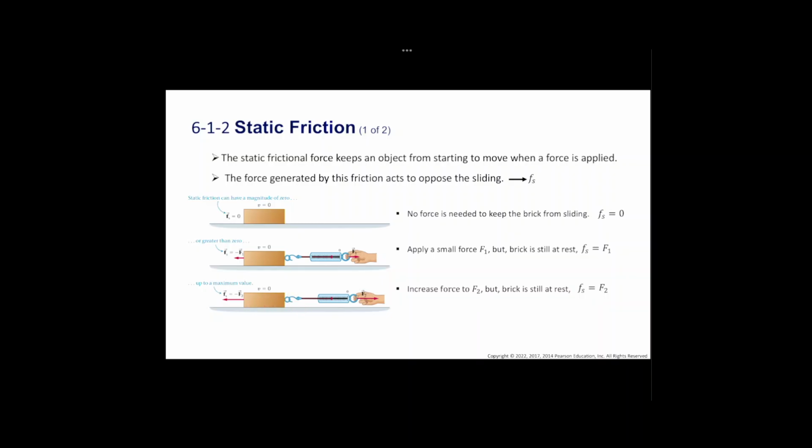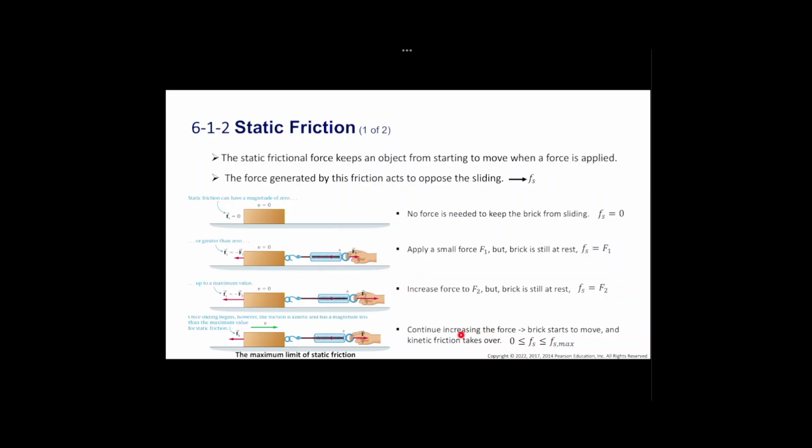If we continue increasing the applied force, then we eventually reach a value beyond which the brick starts to move, and then the kinetic friction takes over. We know that kinetic friction happens when something is in motion.